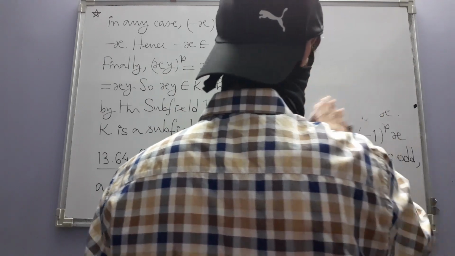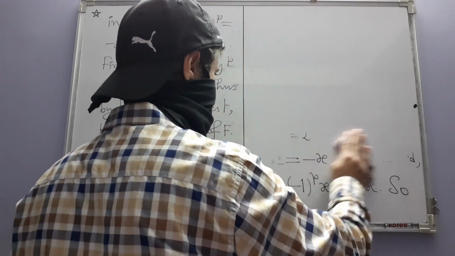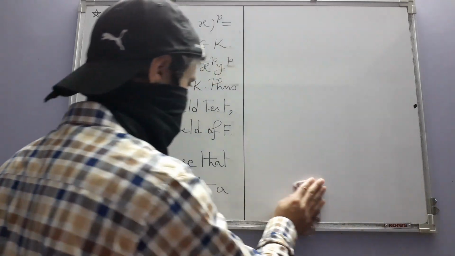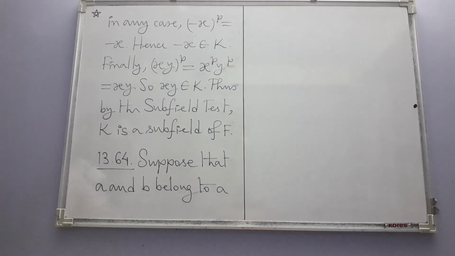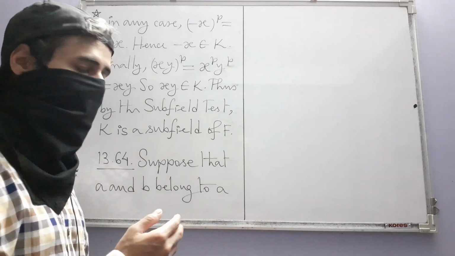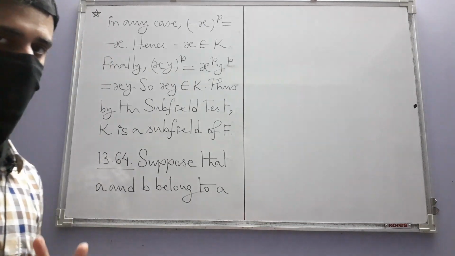We have already shown that any finite field must have a prime power order. So 8 is a legitimate order. No finite field can have, say, for example, order 12, because that is not a power of a prime.